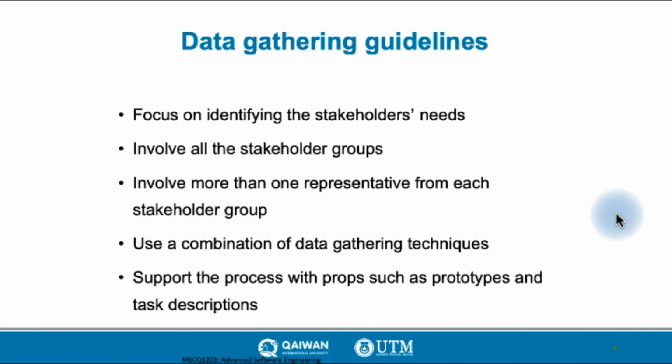Then use a combination of data gathering techniques. As we said, when we want more accurate data, it's better to use more than one technique, like survey and interview, web app analysis and interview. We have to have more than one technique to gather data and support the process, such as prototypes and text descriptions.